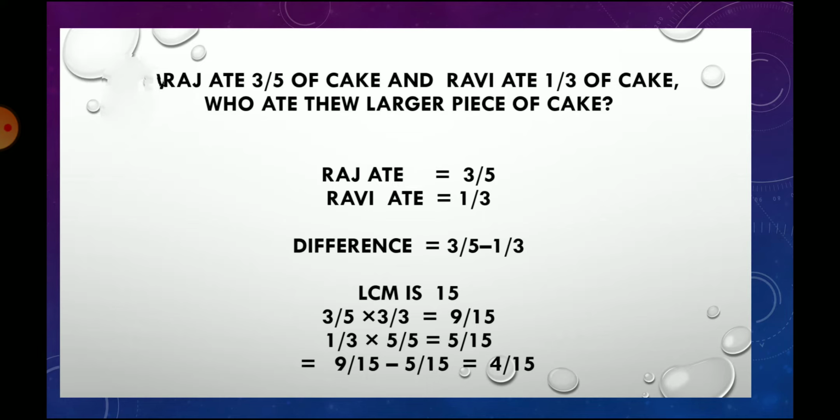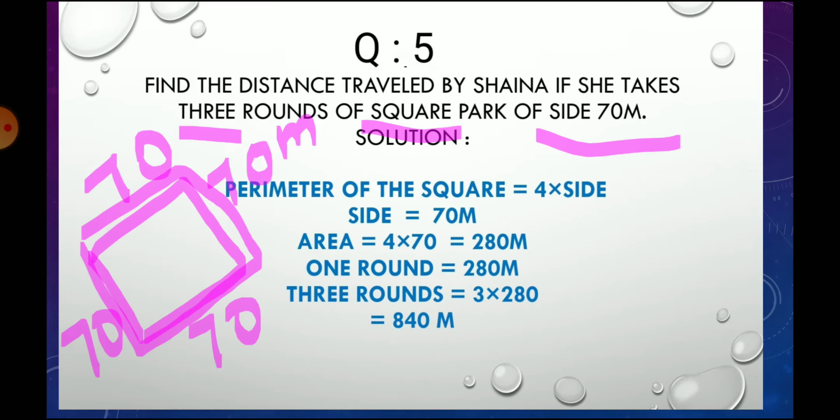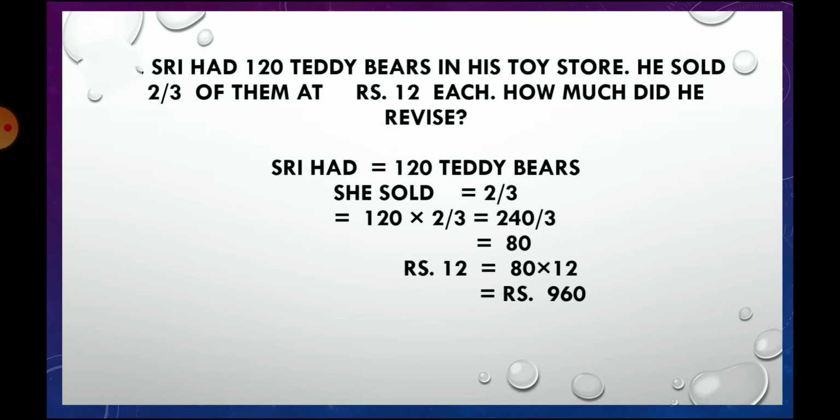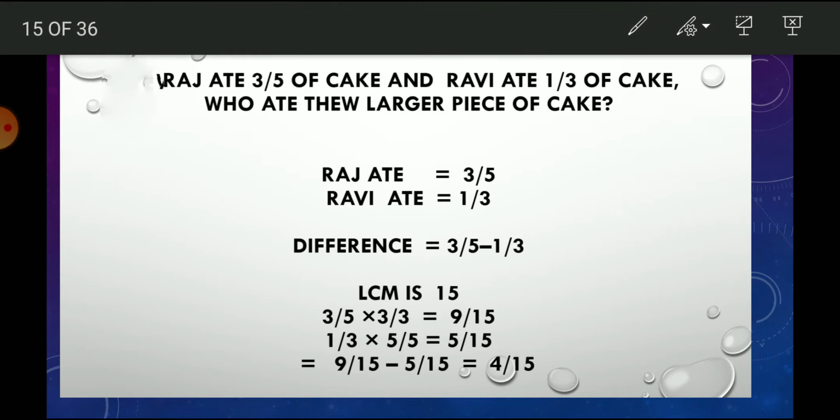Okay, here they gave two names, Raj and Ravi. So Raj ate 3 by 5 and Ravi ate 1 by 3. So who ate the larger piece of cake?